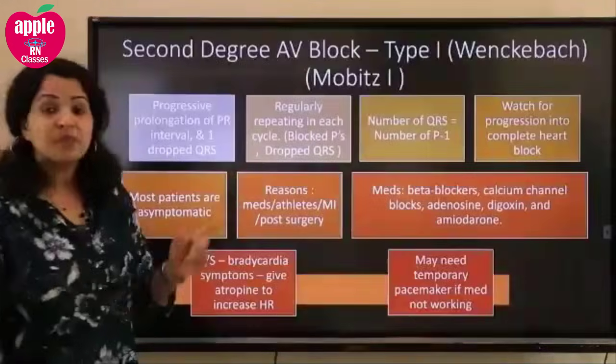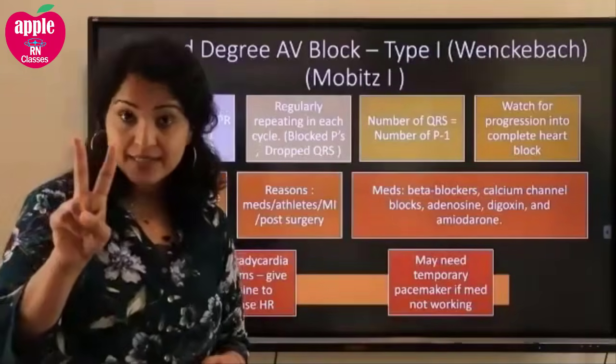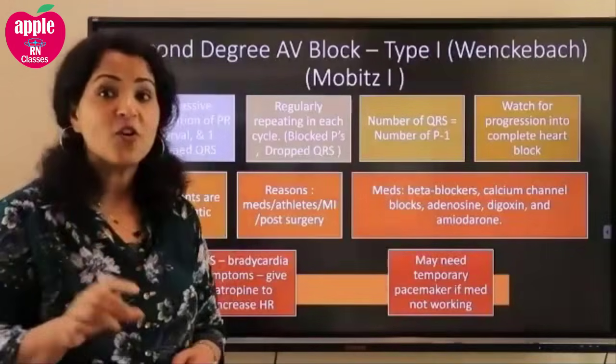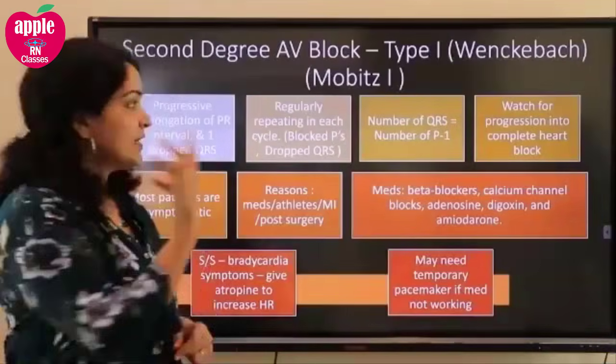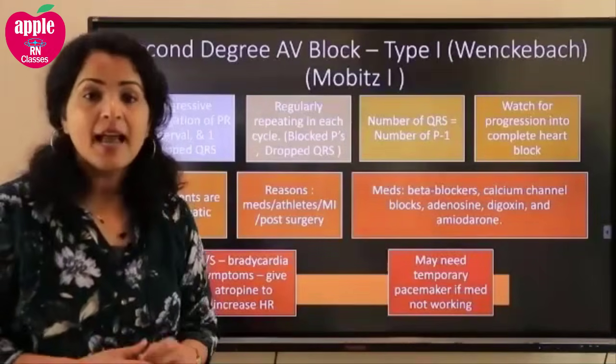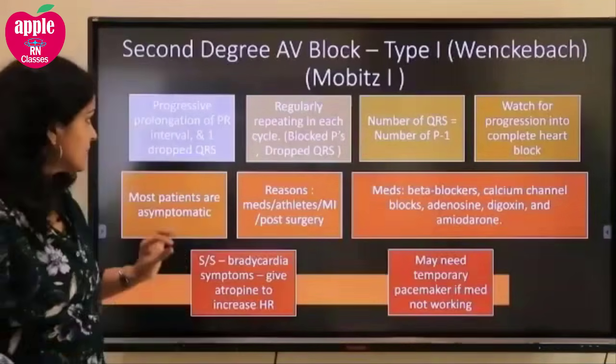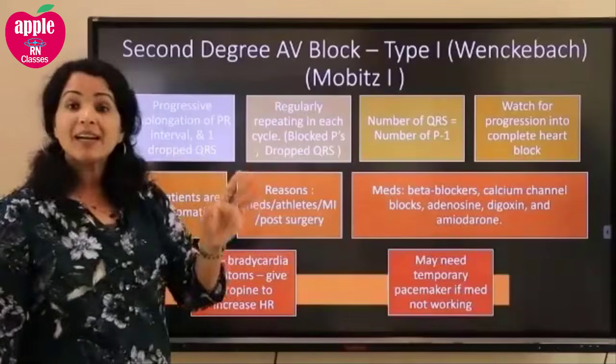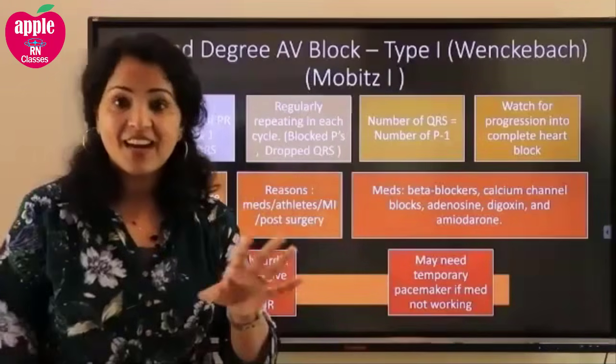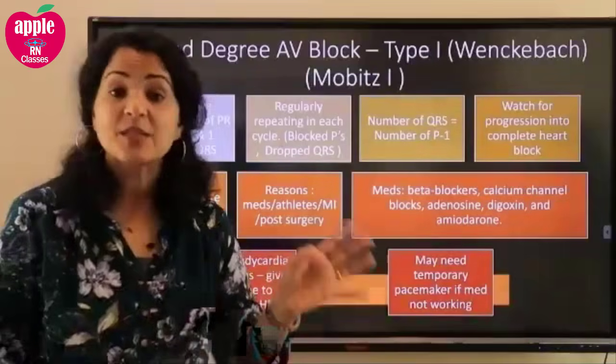So here we go. Second degree, two kinds, type 1, also known as Wenckebach, or also known as Mobitz 1. And in that one, remember our PR interval? Let's go back to our husband-wife scenario.